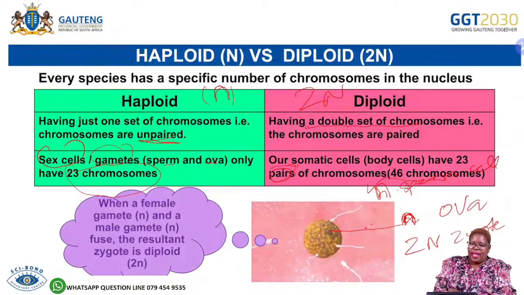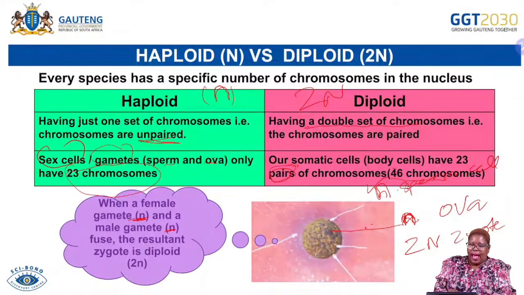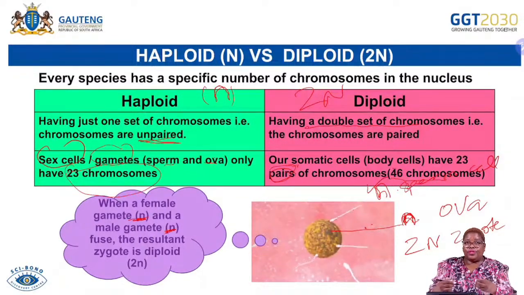When a male gamete fuses with a female gamete, the female gamete will be haploid and the male gamete will be haploid. When they fuse together, what is going to happen?